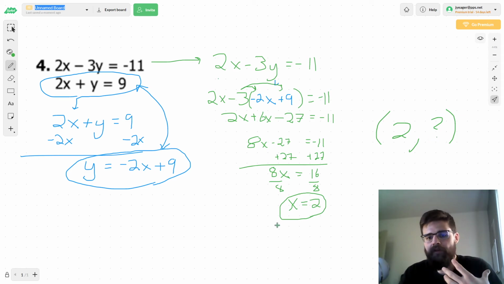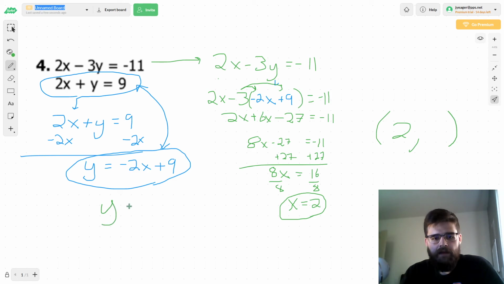To get the y coordinate, I'm going to take this x value and plug it back into one of these equations. It really doesn't matter which one I plug it into. I should be able to solve it either way. So I'm just going to look through and find the easier looking equation. This bottom one looks a little easier, and I'm going to use this form that we already have down here because it's a little simpler. We've done some of the work for this.